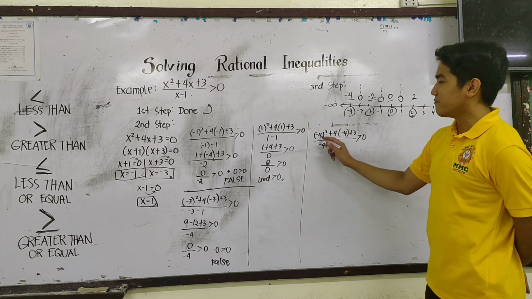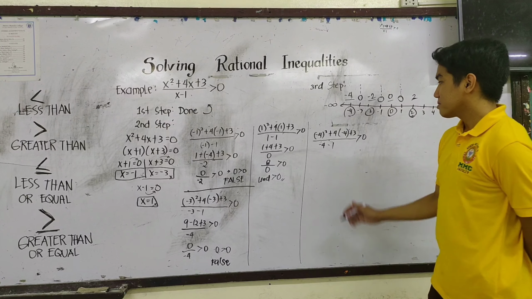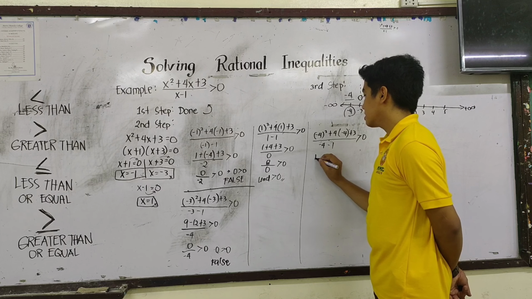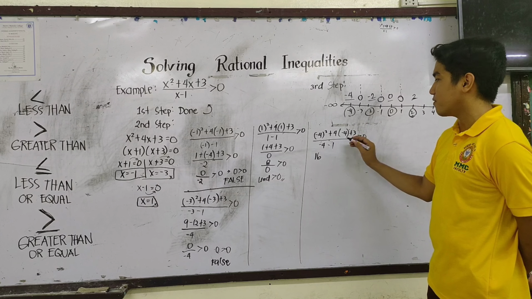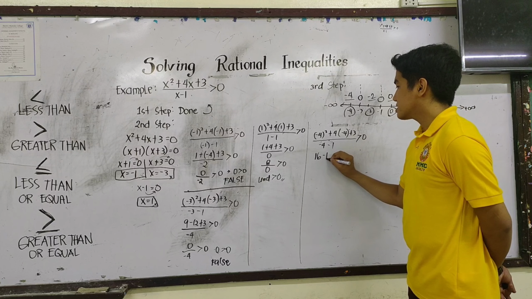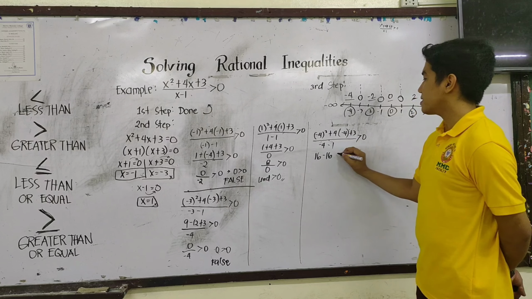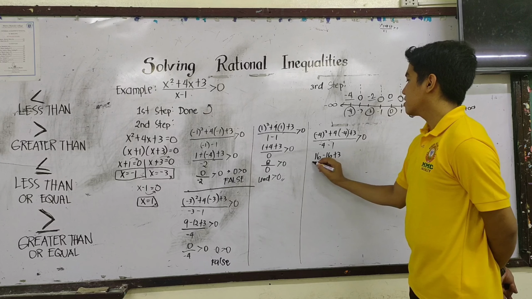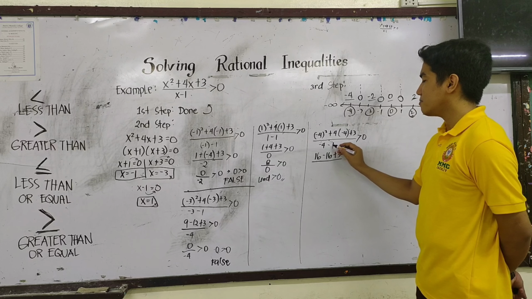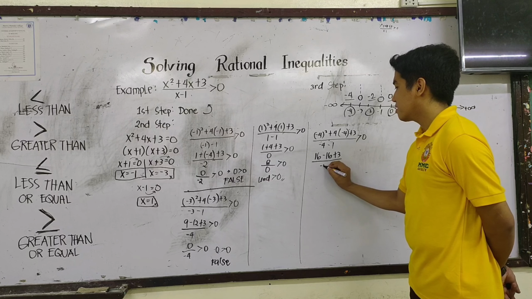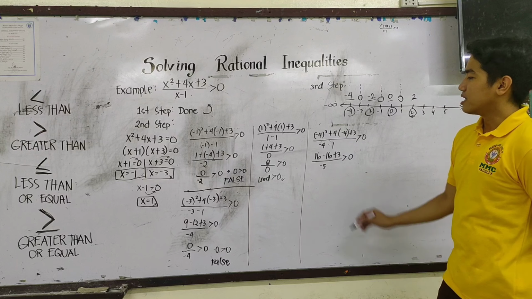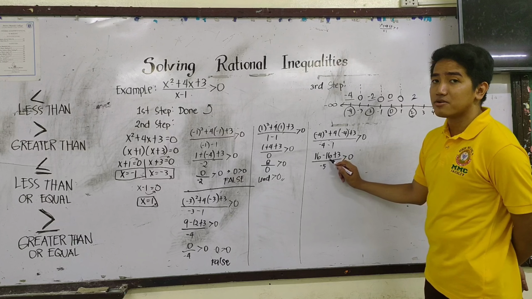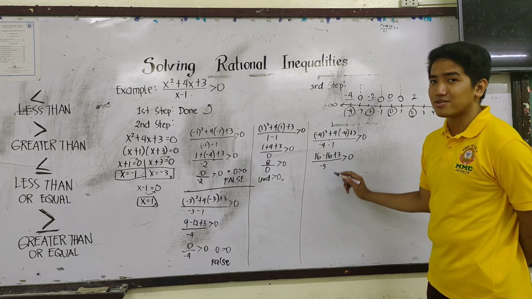Next, negative 4 squared is equal to 16. 4 multiplied by negative 4 is equal to negative 16. Then plus 3, all over negative 4 minus 1, which is equal to negative 5. Is it greater than 0? Then 16 minus 16 is equal to 0, plus 3 is equal to 3.